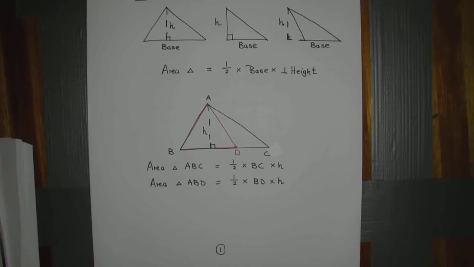If two triangles share a vertex, you guys know what a vertex is. That's the pointy bit. So if two triangles share a vertex, they can have a common height. Two triangles that share a vertex have a common height.